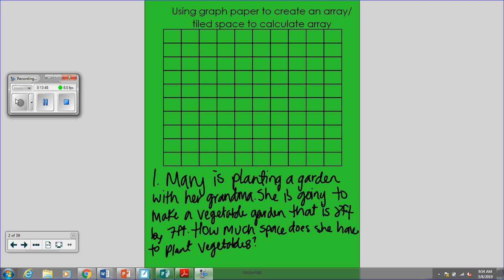All right. We've read the problem. We know she's making a garden. Piper, chair. What is my next step? It's been a while since we've done an answer or word problem. So there's steps. Aiden, what is my next step? Nope. Emily? Nope.